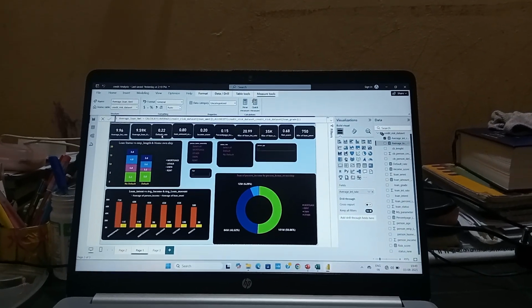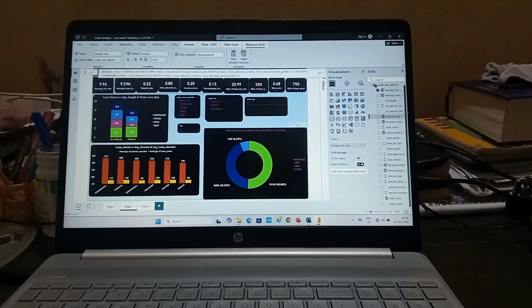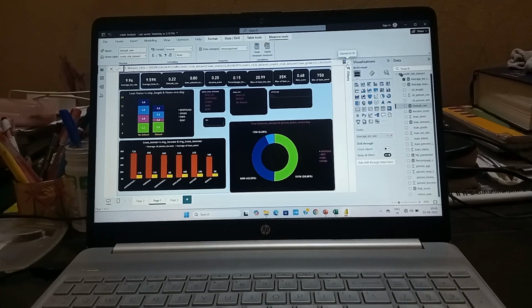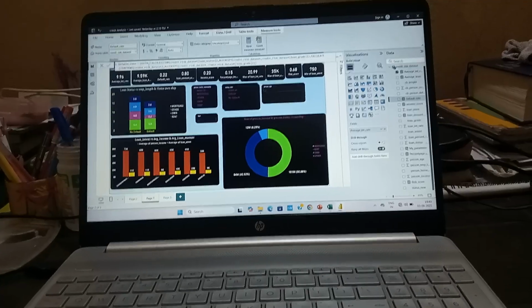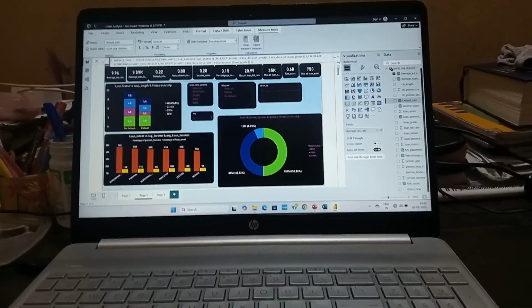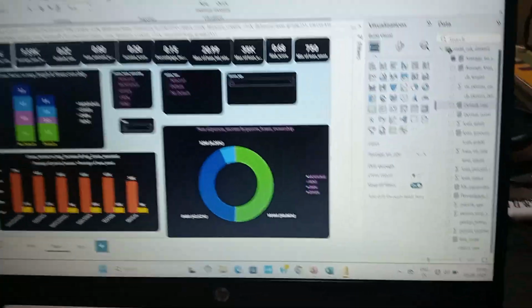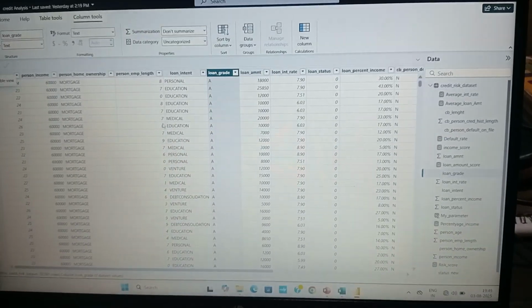And then we come to the default rate. We can see here it is DIVIDE with CALCULATE SUM of the credit risk data set, loan status. Loan status is 0 and 1.